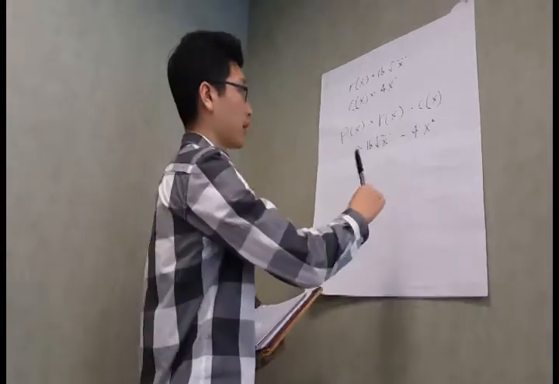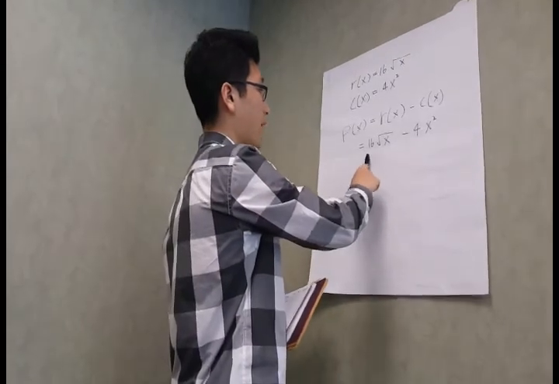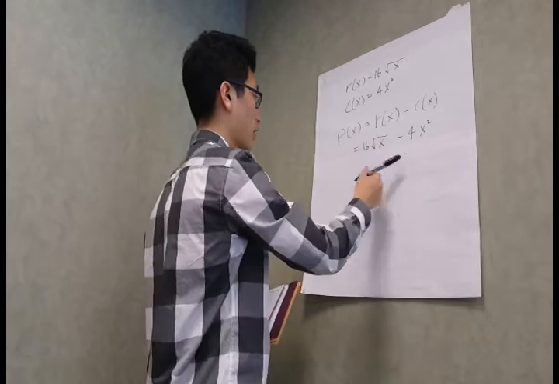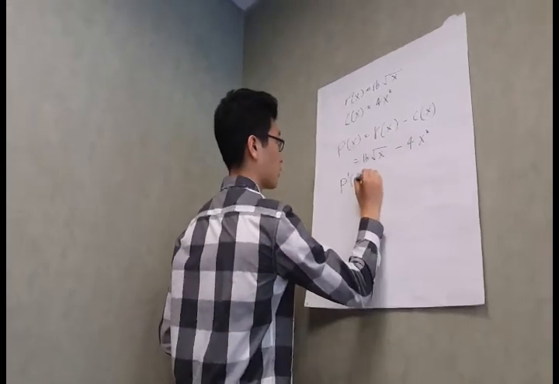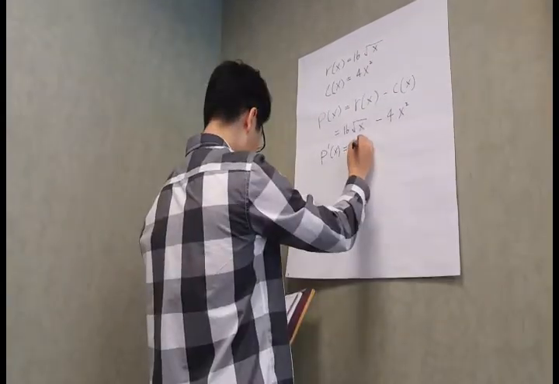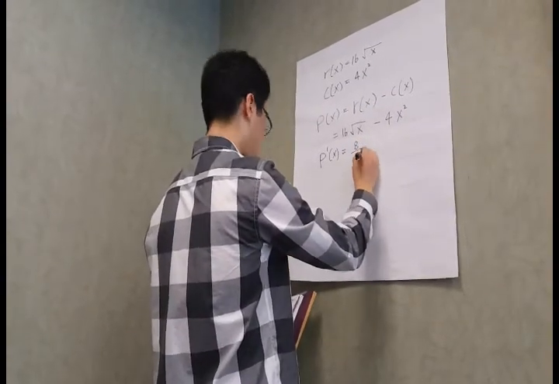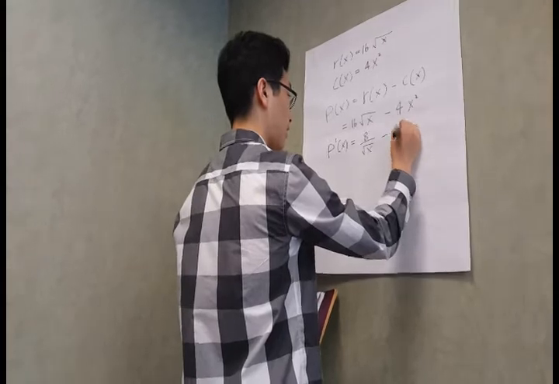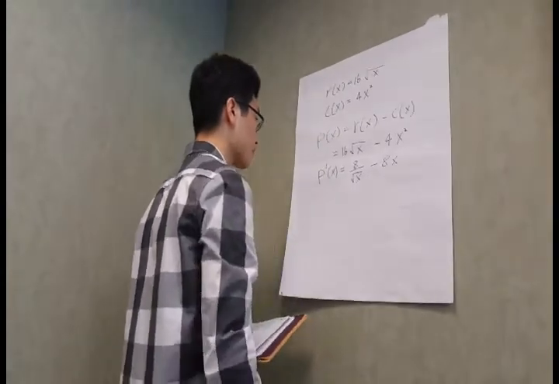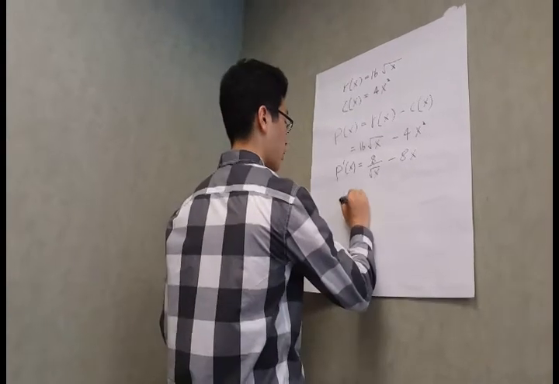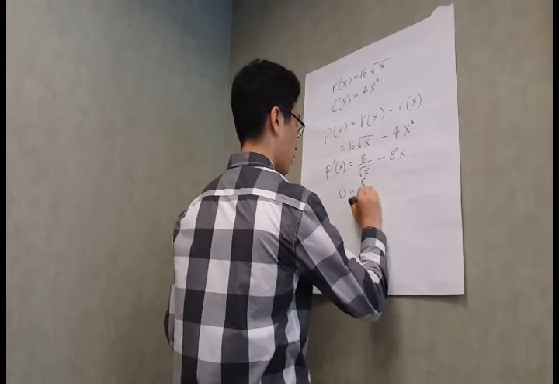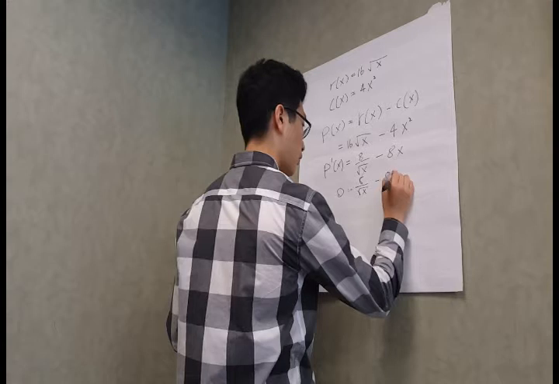Now, we need to find the local maximum from this expression right here. The P prime of x is, in this case, 8 divided by radical x minus 8x. And this had to equal 0.